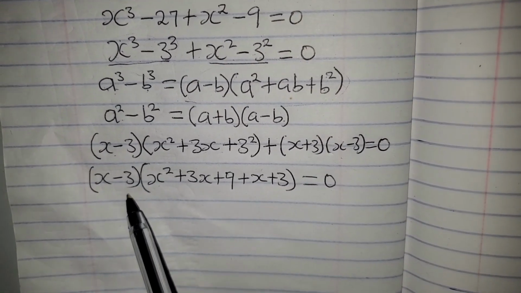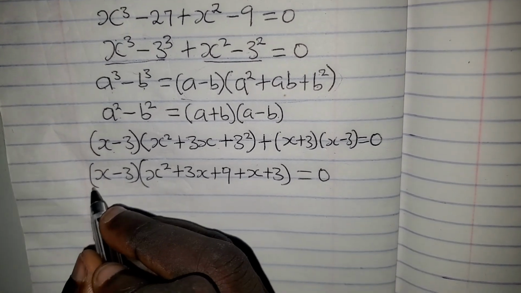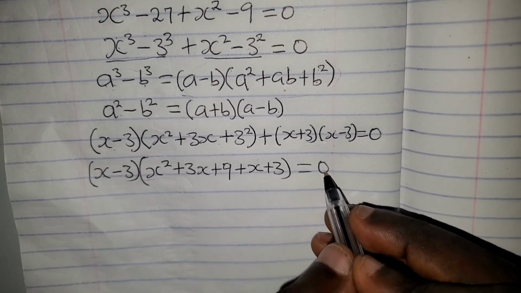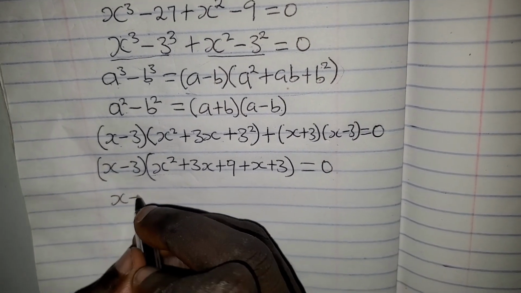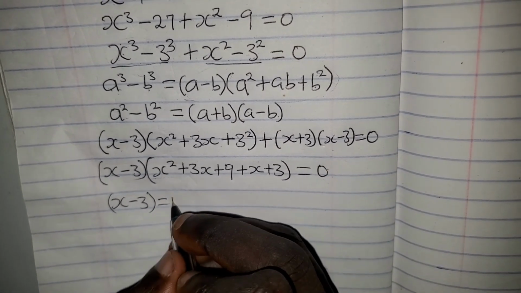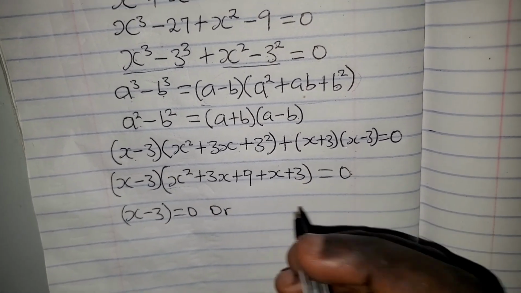Now, I will apply the zero product rule. And what does that say? The zero product rule says that x minus 3 equals 0 or this other factor equals 0. That is x minus 3 equals 0, or this equals 0.